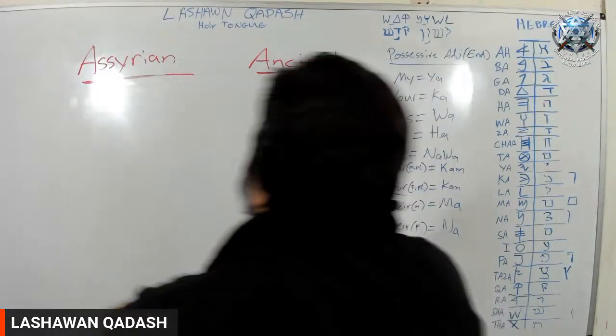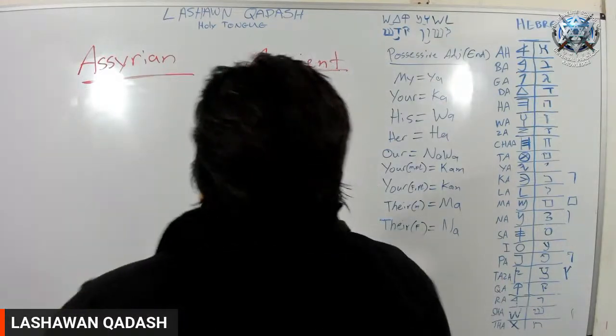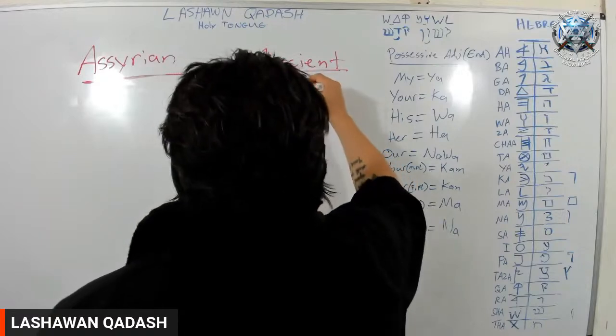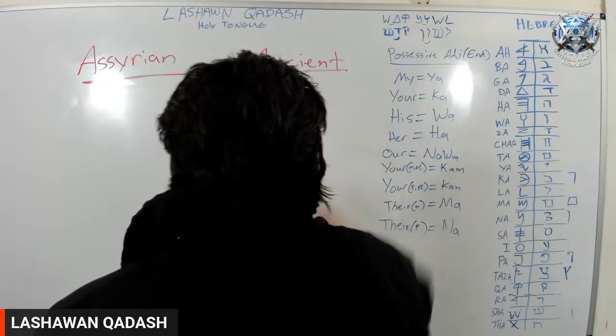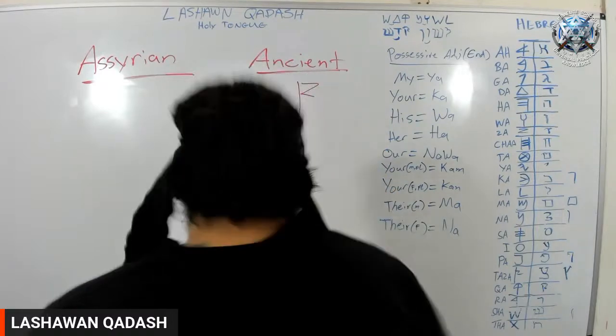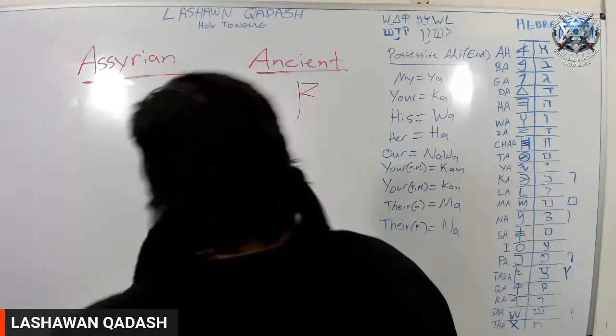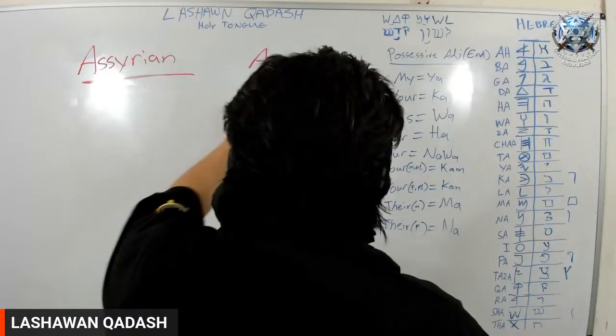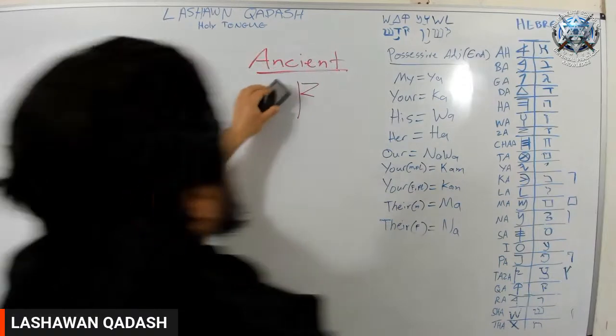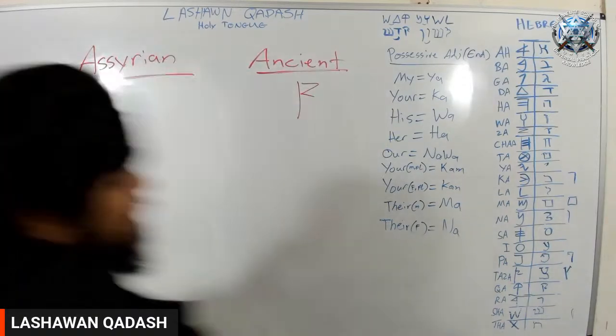Give me the character Tazah. Okay. Now I need a Syrian. And now you can look at the chart because you still need to practice writing it.